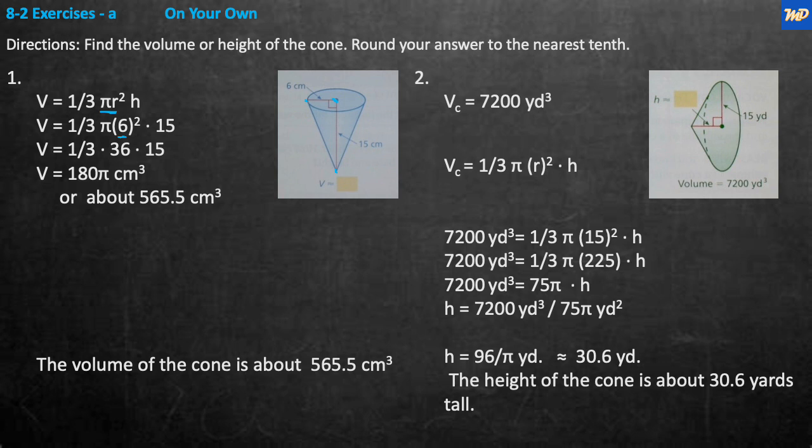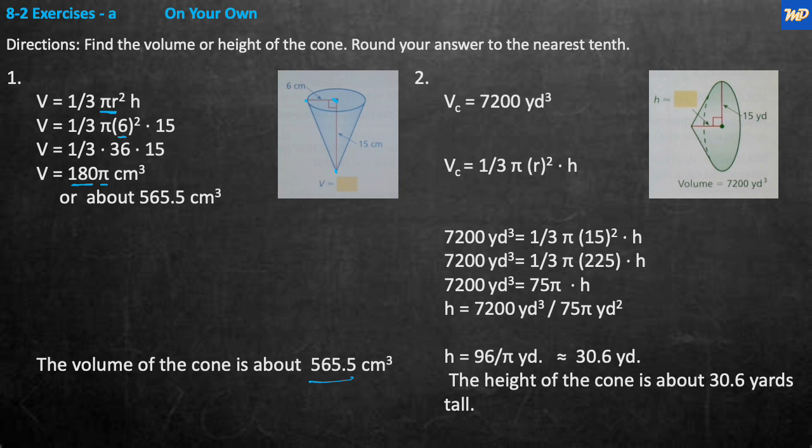And how did we get 565.5? Well, we multiplied 180 times 3.14, and it was rounded to 0.5. So there's the answer to the volume of this cone, 565.5 cubic centimeters.